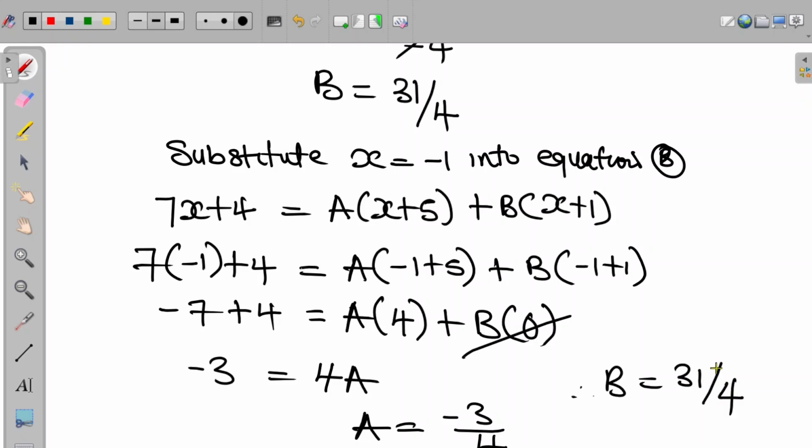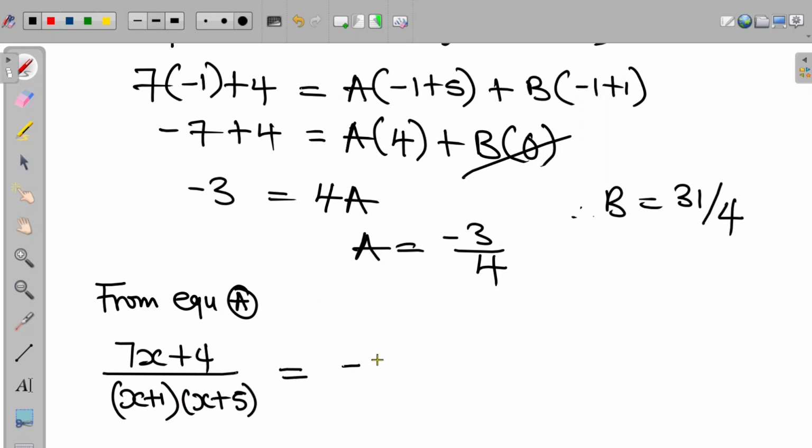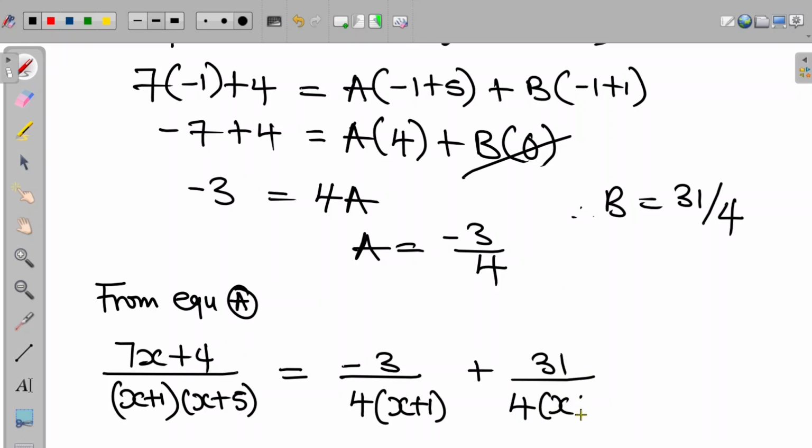Now, we can substitute the values of A and B into equation A. From equation A, we have that (7x + 4) divided by (x + 1)(x + 5) will be equal to -3 divided by 4(x + 1) plus 31 divided by 4(x + 5). We have been able to resolve the compound fraction into partial fractions.